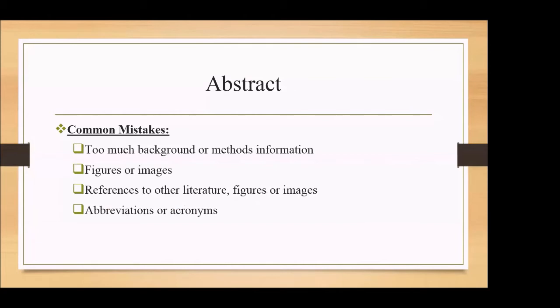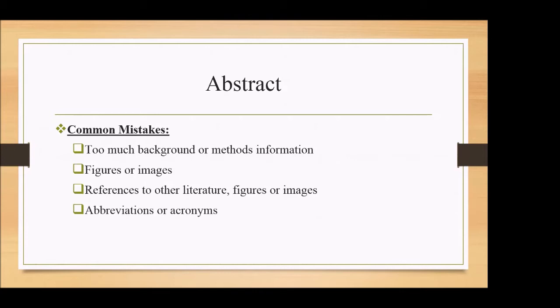Let's look at the common mistakes in the abstract. Most of the common mistakes are too much background or methods information. Remember, you have only 200 or 300 words. Also, one of the mistakes is adding a figure or an image; this is not the place for any images or figures.